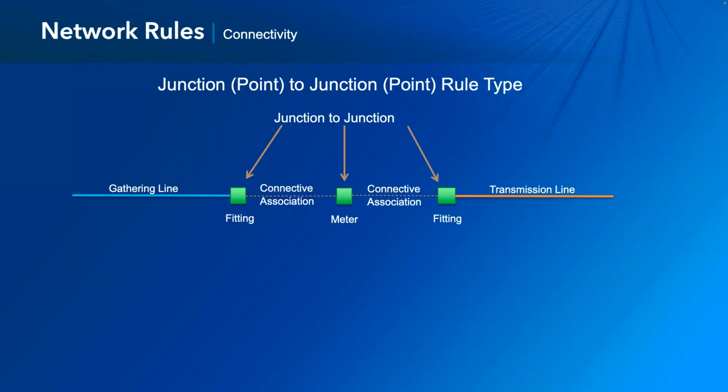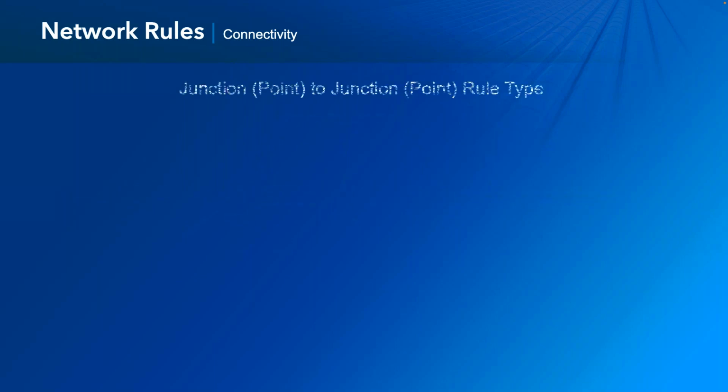So one of the powers of the utility network is this ability to associate points together to form connectivity. And there are rules about what types of points can be connected to what type of other points, the rule base. So here we've got a gathering line, we connect to a fitting, which connects to a leader, which connects to another fitting, then onto a transmission line, and we build that association connection without having to draw a pipe in the middle between those pipelines.